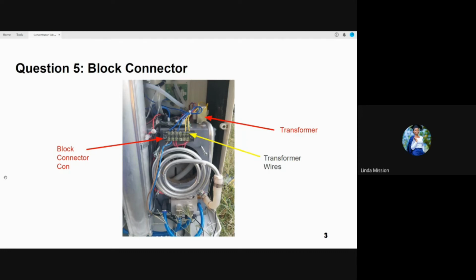And if it is more than 15 volts, the components might be destroyed due to high voltages. So as you can see in the graphics, there is a block connector which is used in the Sylvie concentrator. Thank you, Mary.